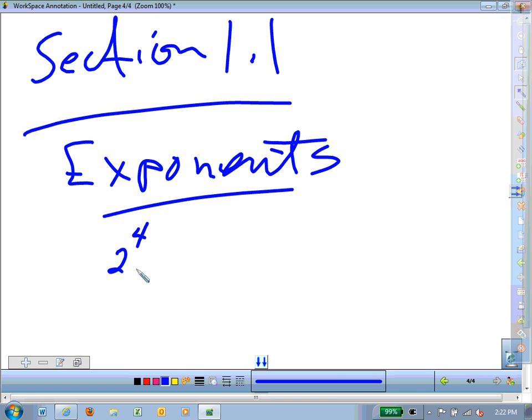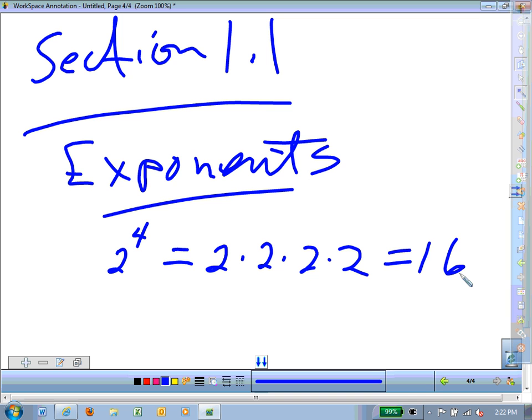What basic number is that equivalent to? Yeah. Because it means 2 times 2 times 2 times 2, doesn't it? So I think not too much, you remember that much, right? Some of you more, some.